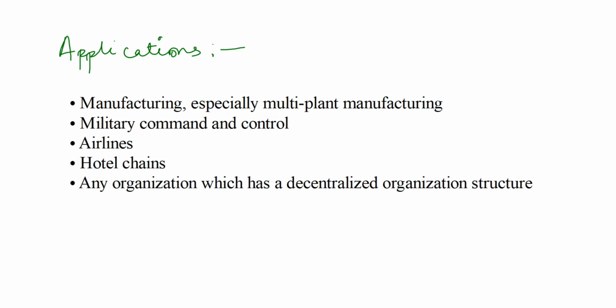So what are the applications for which distributed database systems were introduced? These are the main applications. We have manufacturing, especially multi-plant manufacturing. If there is a big MNC whose manufacturing goes on in multiple countries, they can store the data like this: this is site 1, this is site 2, this is site 3, and all of these reside in different countries.